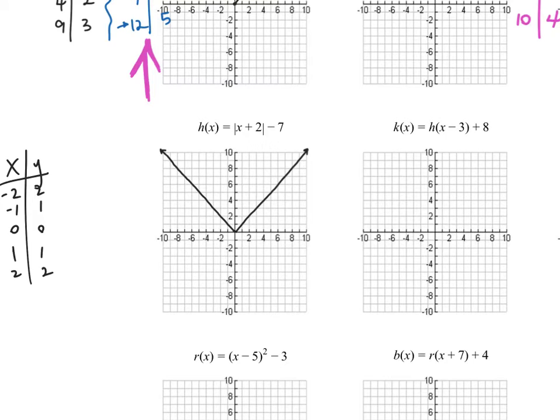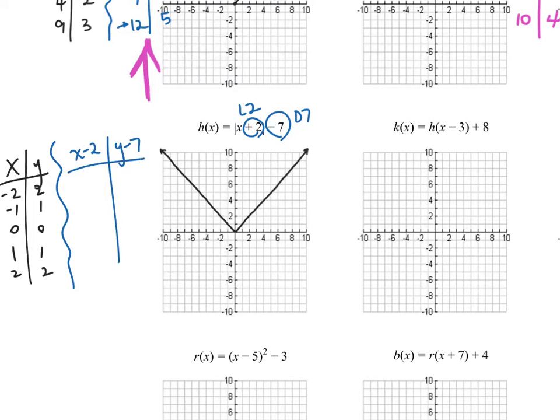For this graph, I'll do blue. It's telling me down 7. It's telling me left 2, which is x minus 2 and y minus 7.